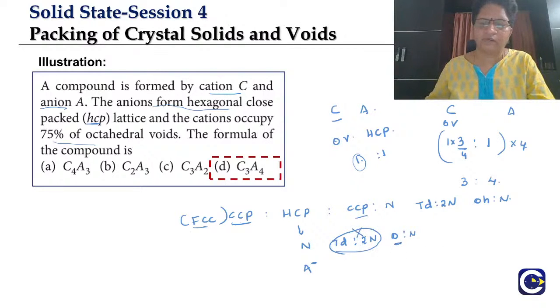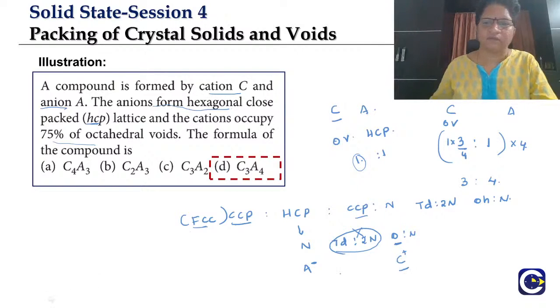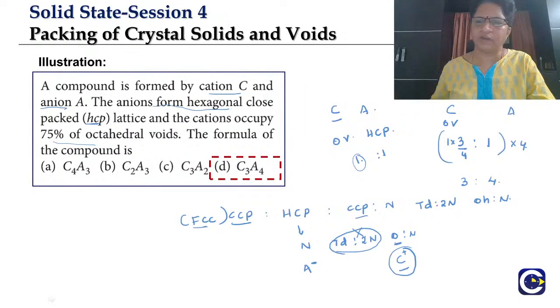The octahedral voids are occupied by the cations C. Only 75% of octahedral voids are filled. So out of 1, only 3/4 of it is occupied.